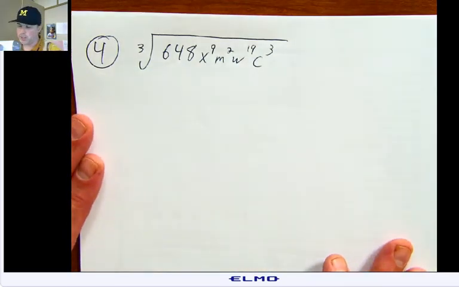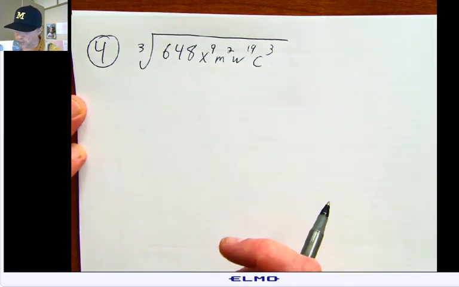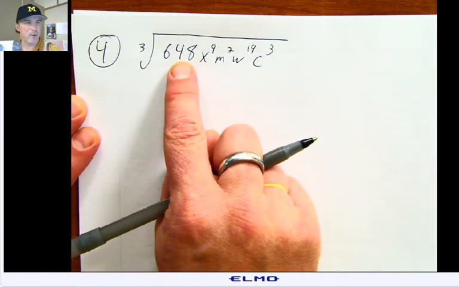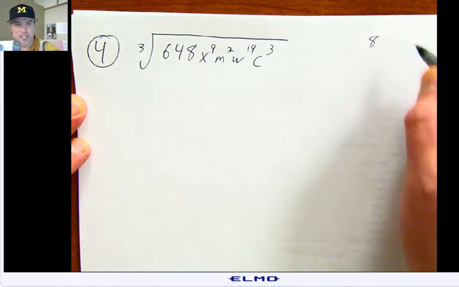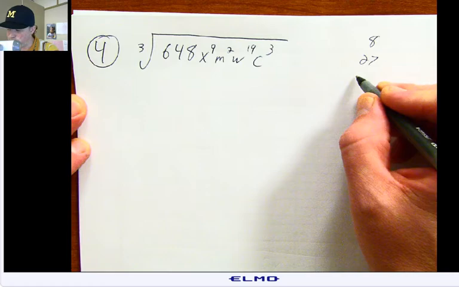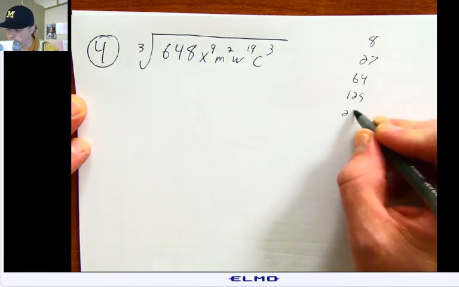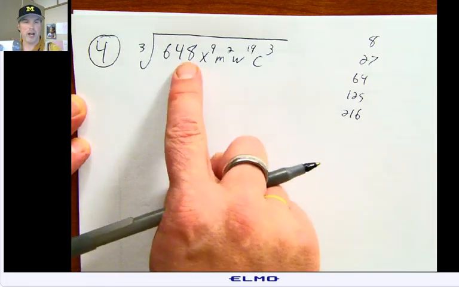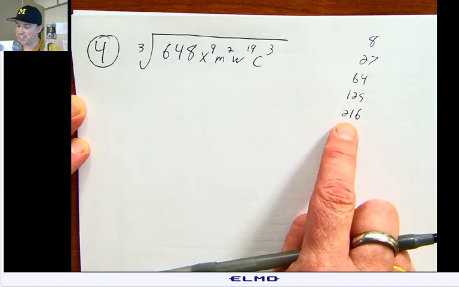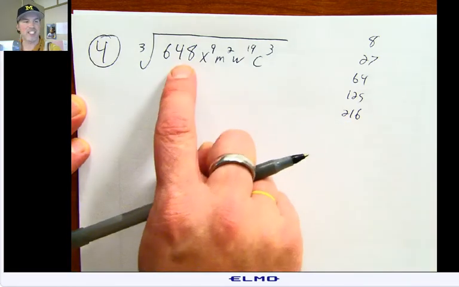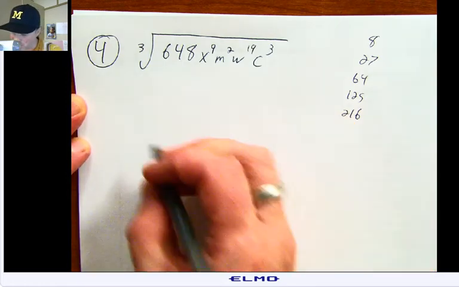All right, so cube root. As far as the 648 is concerned, I need to think of what divides out of 648 that I know the cube root of. So let's see, 2 cubed is 8, 3 cubed is 27, 4 cubed is 64, 5 cubed is 125, 6 cubed is 216. Ooh, I bet 216 divides out. 216 times 3 is 648, so I bet I'm going to use that 216.